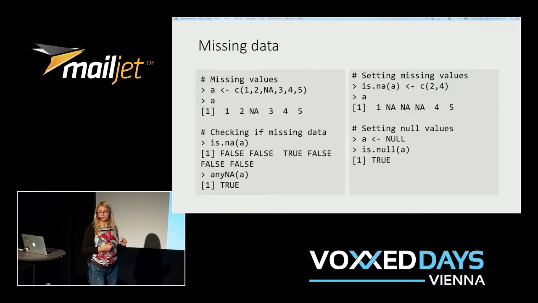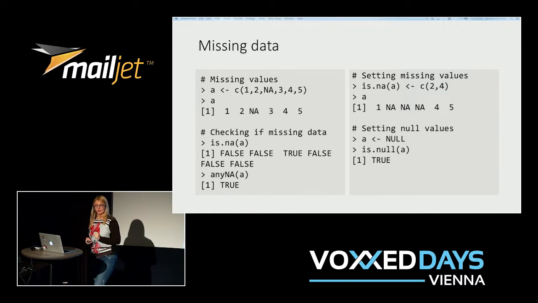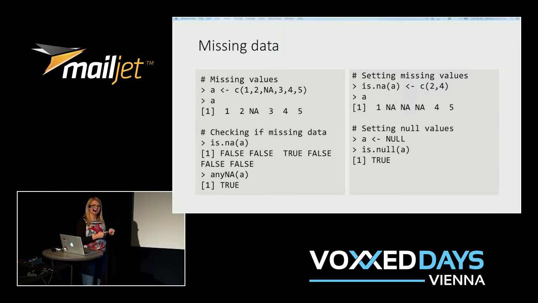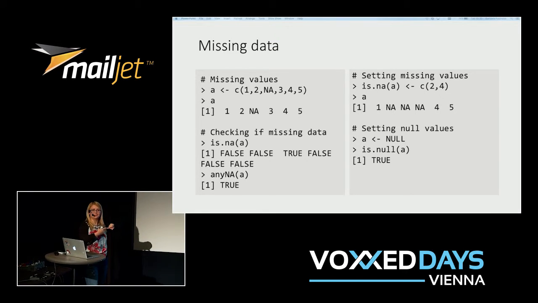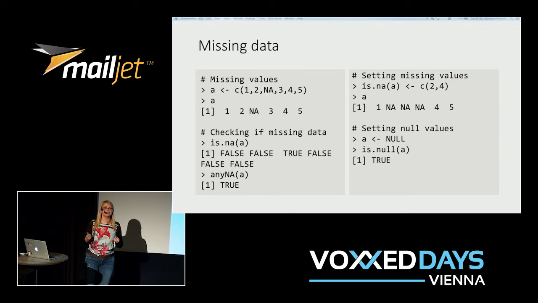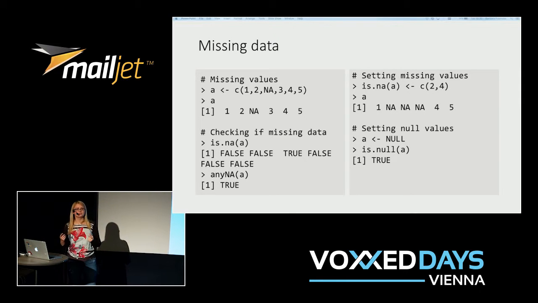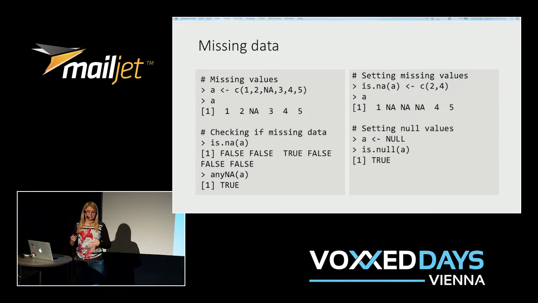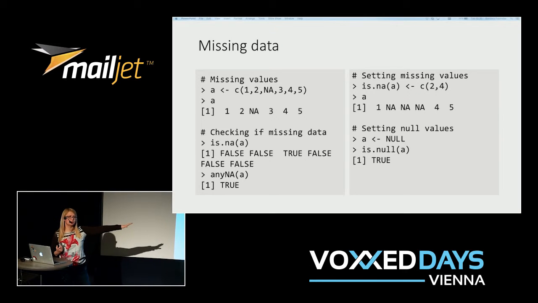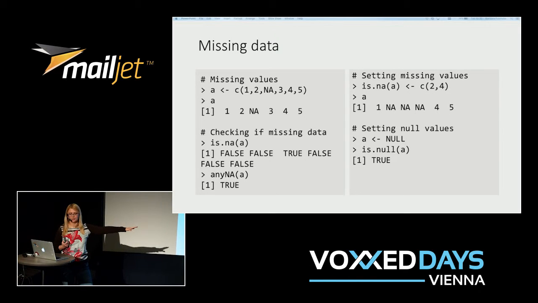Let me tell you something about missing values. In R, you have nulls, and you also have missing values, NA. Missing values can appear in different ways, usually when a conversion between types was unsuccessful. Or you can use it when you just think, this is my missing value, and this is what I want to point at.